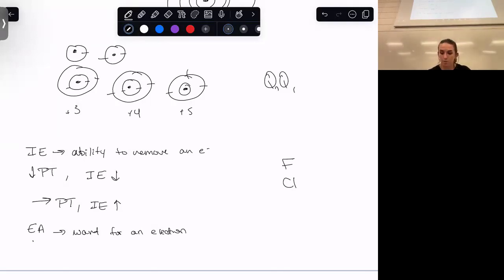So as you go down the periodic table, do those elements want an extra electron, or do they want to get rid of that electron? In general. Right, a really, really big atom, does it want to add another electron to it?